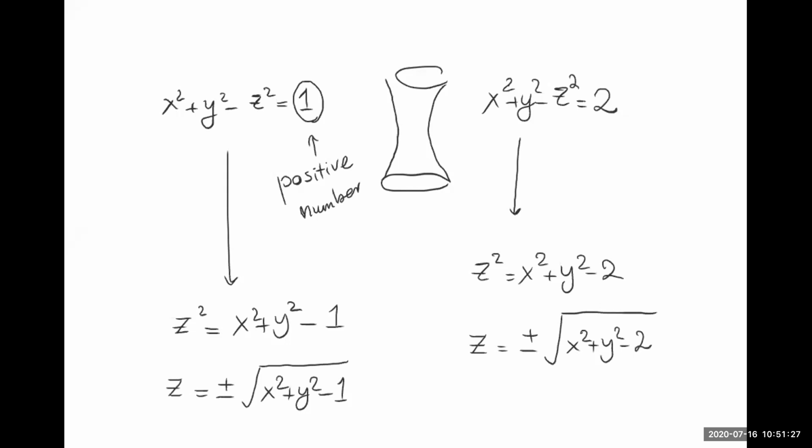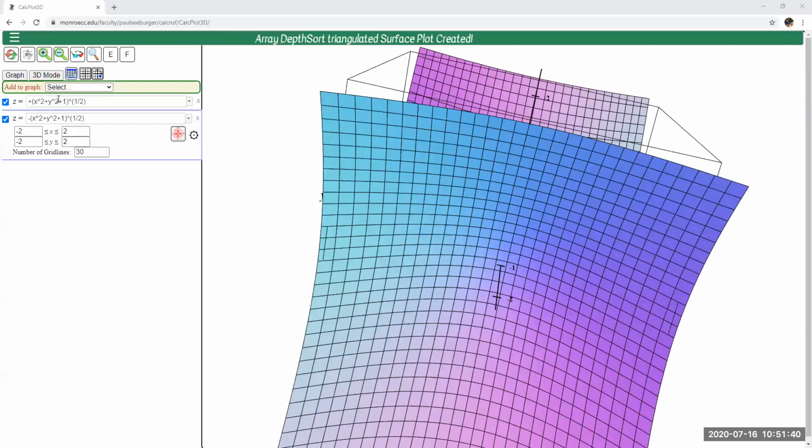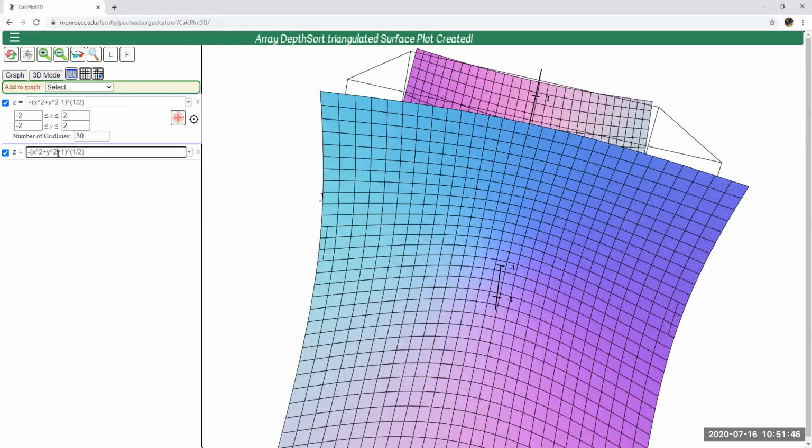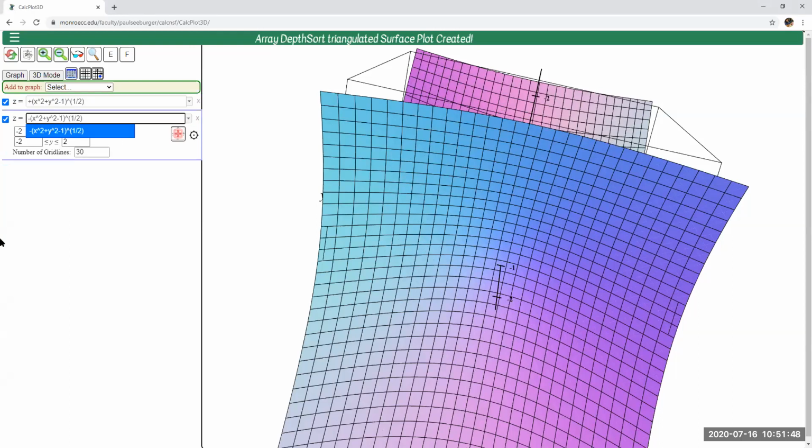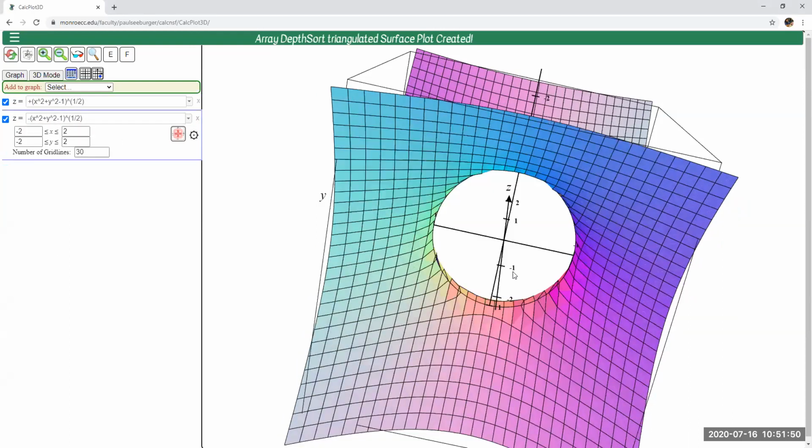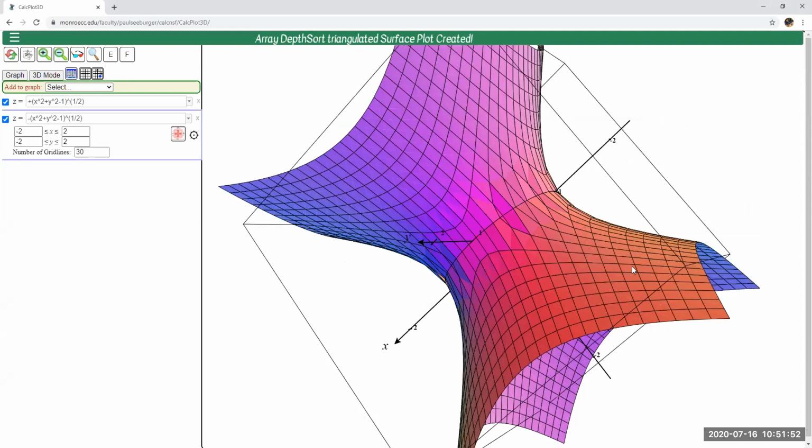Now let's look at the graph of these two functions. The first one looks like this.